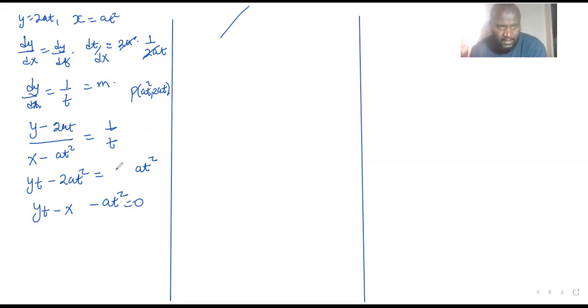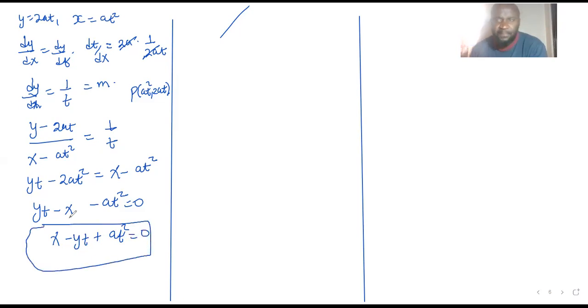It looks like this: x minus at squared. So this is x alone. So with that, we can say x minus yt plus at squared is equal to 0 is the standard equation of the tangent to a parabola at the point at squared, 2at.